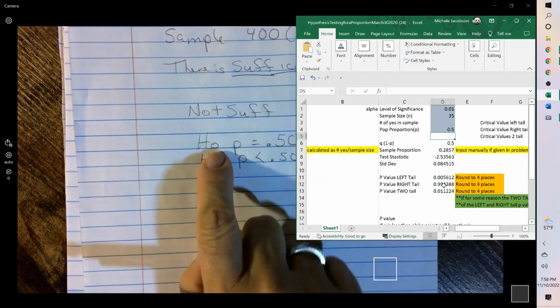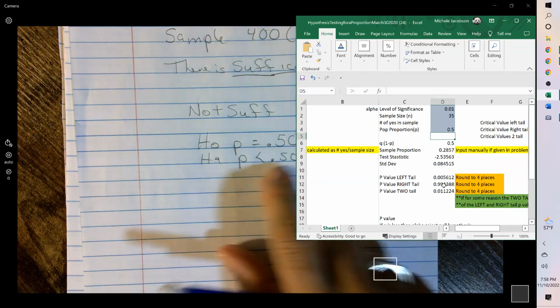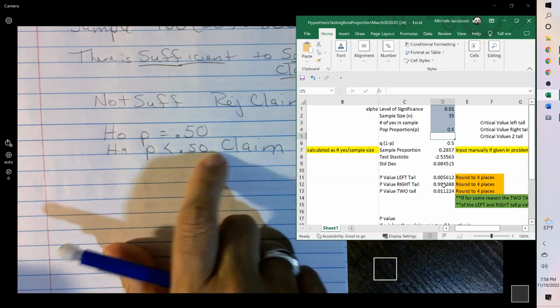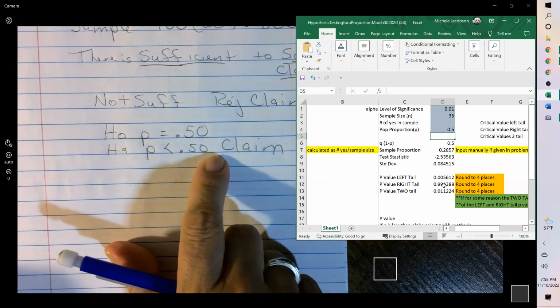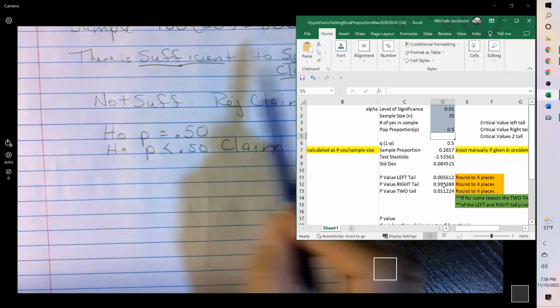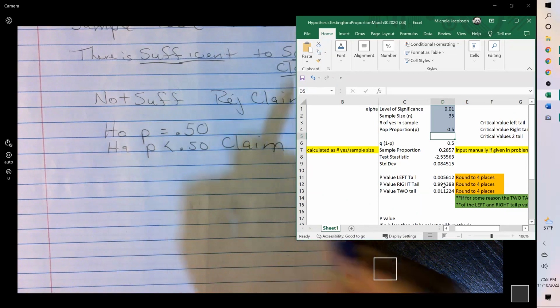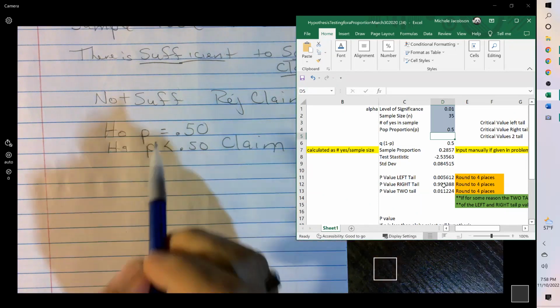So you want to reject the null hypothesis and support the claim. So when you're doing them, you'll either have sufficient evidence and support the claim, or not sufficient and reject the claim.